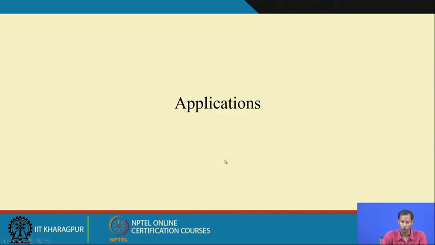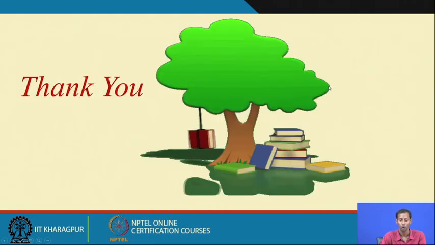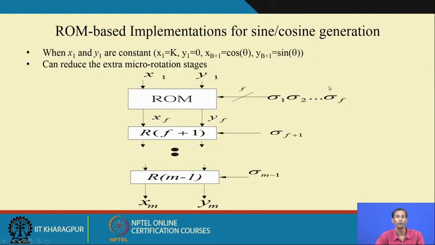Okay. So, what is the application area of this? The application area is ROM-based implementation of sine and cosine generation. Where do we require sine and cosine generation? Suppose you want to implement a digital frequency synthesizer, or you have to develop a transmitter or receiver.